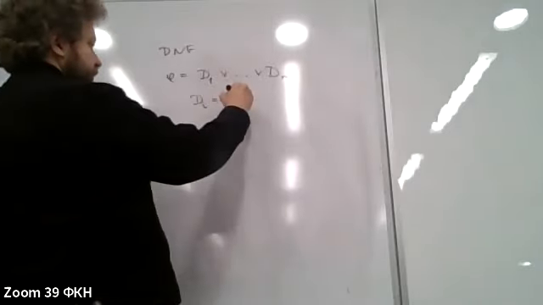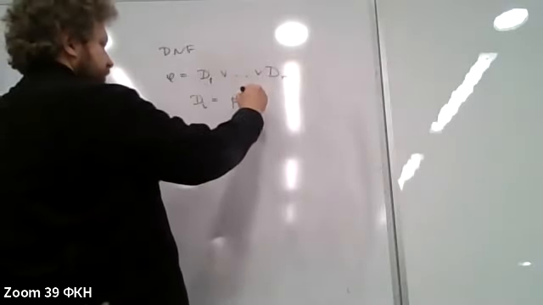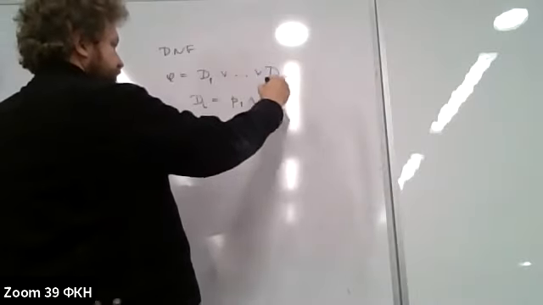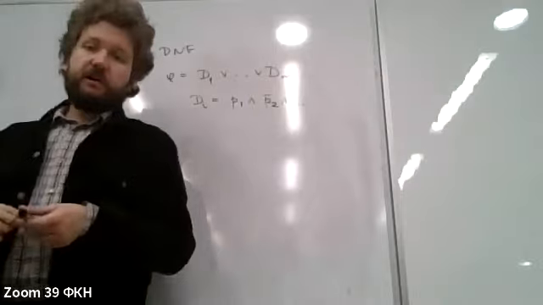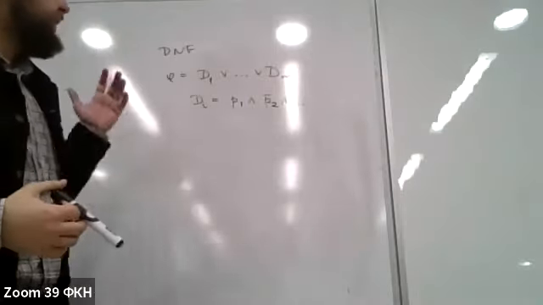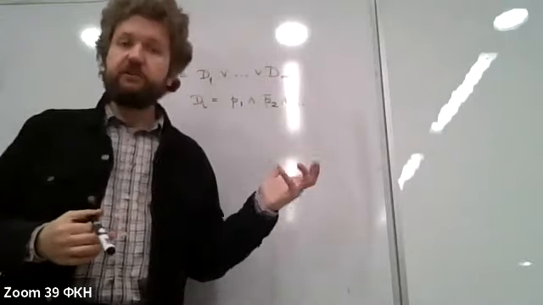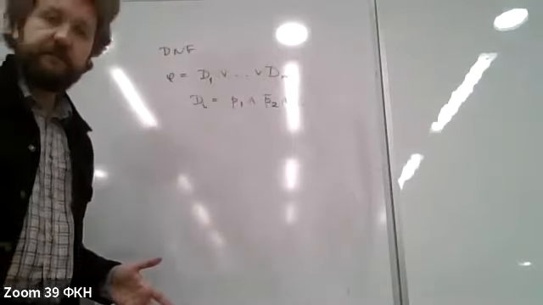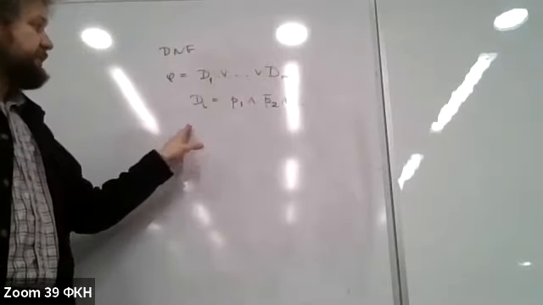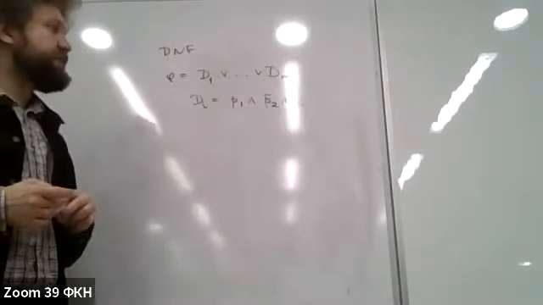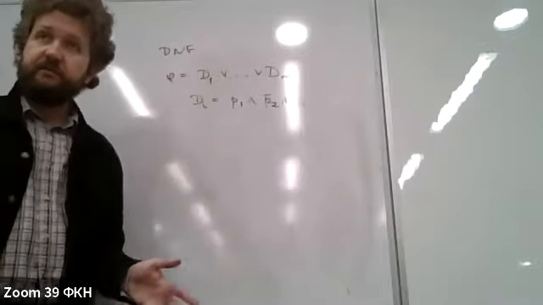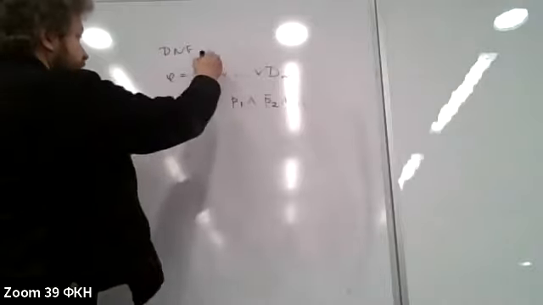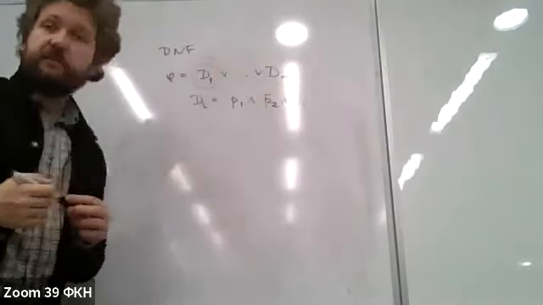So it's, say, P1 and not P2 and something like that. Again, if you satisfy at least one of the clauses, you satisfy the whole DNF. So this means that you have to check them one by one. And once you say satisfiable, you are done, because if you satisfy, say, D1, everything else doesn't matter.